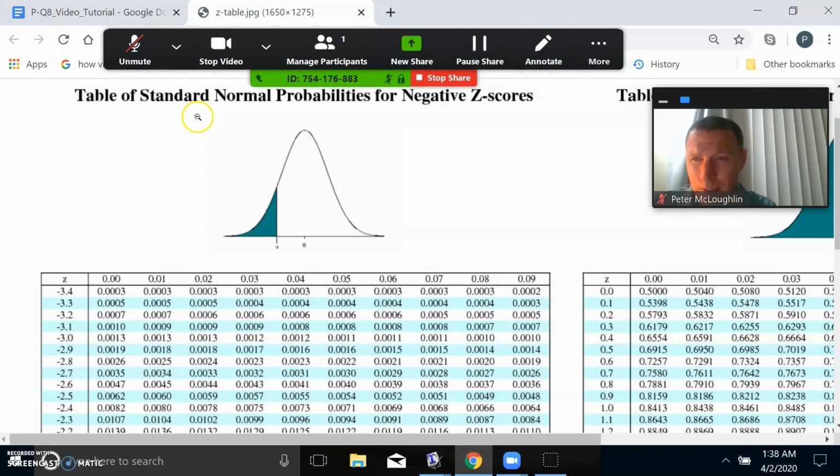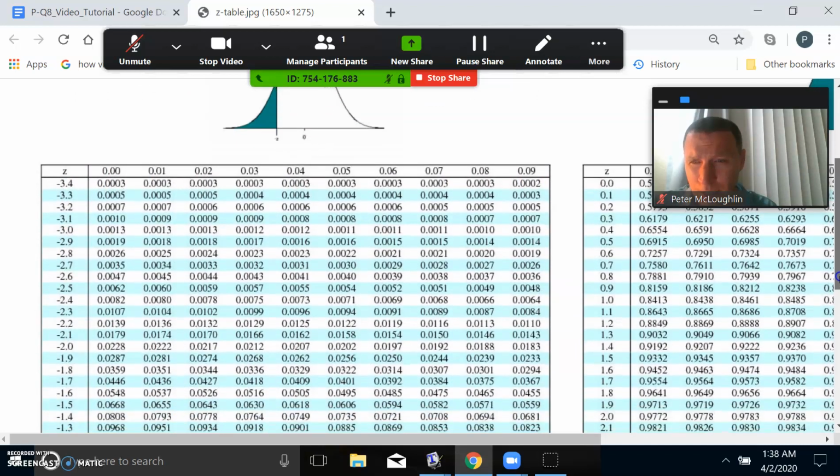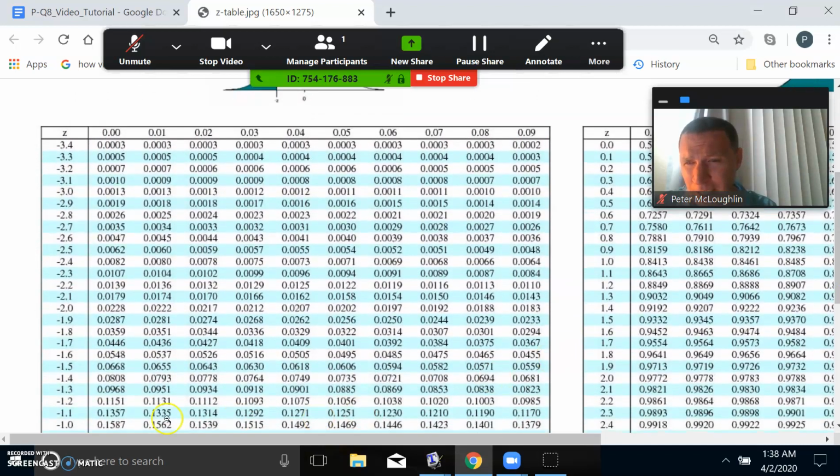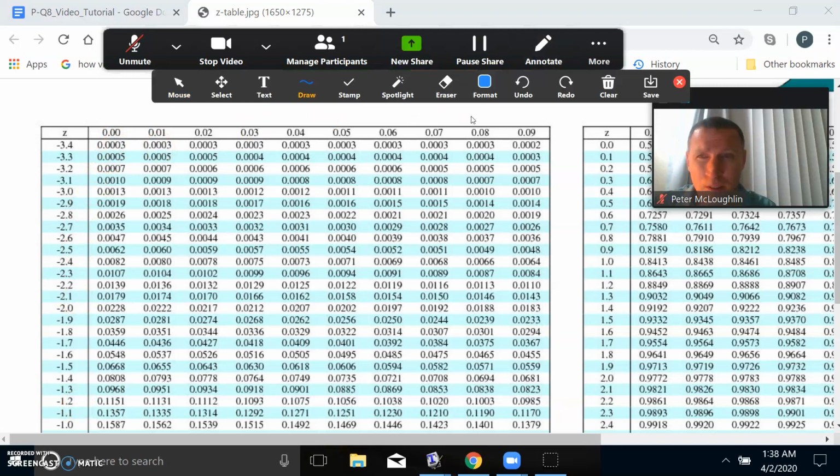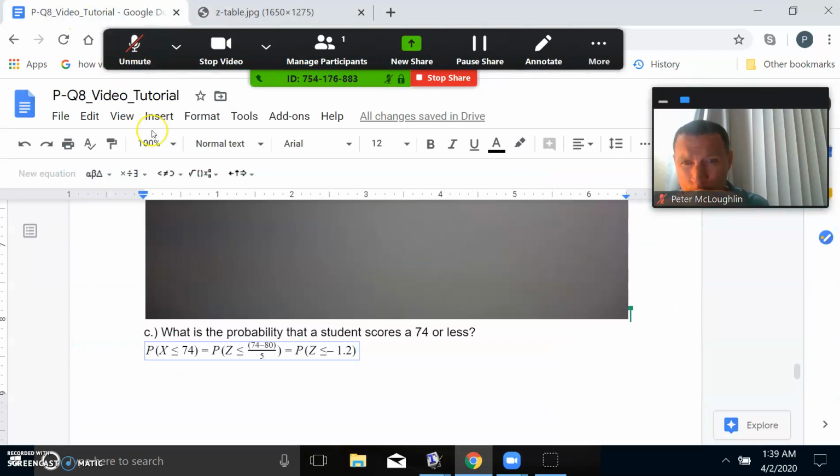So looking at our table, we're looking at the negative column this time. So go down there for negative 1.2. There's no number after it, so it's 0. So let's go down the 0 column. So it's that guy right there. So it's 0.1151. So that equals 0.1151.